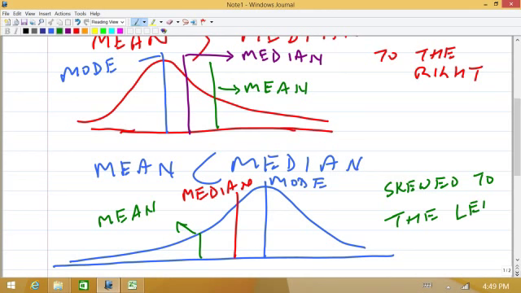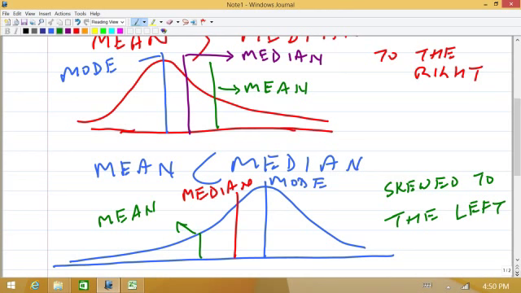On the other hand, if the value of mean exceeds that of the median, we can say that the graph is skewed to the right.